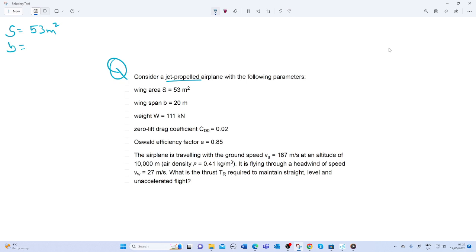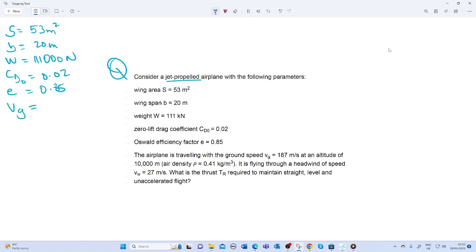The wingspan b given 20 meters. Weight is given 111,000 Newton. Our CD0 is given to be 0.02. Our efficiency factor is given 0.85.